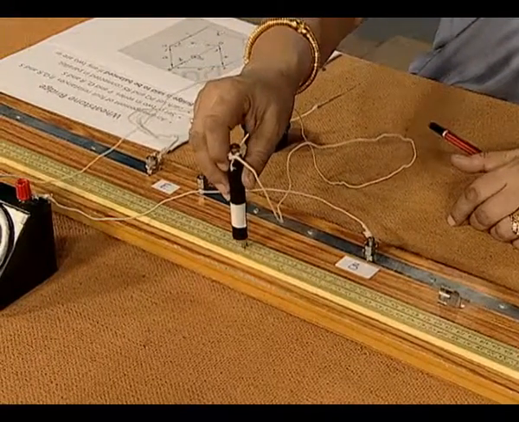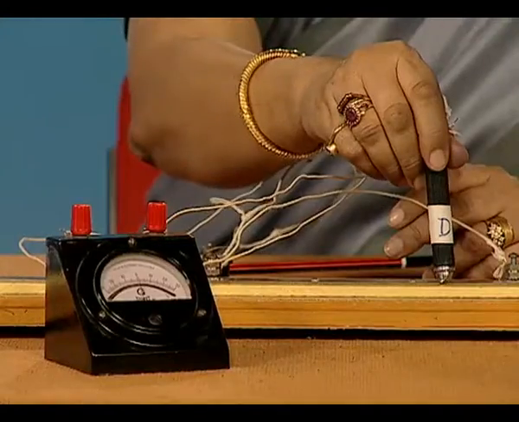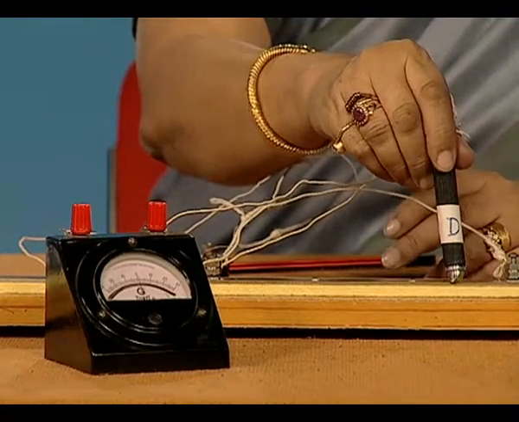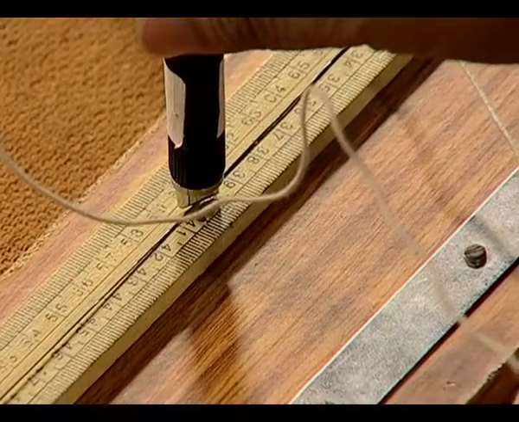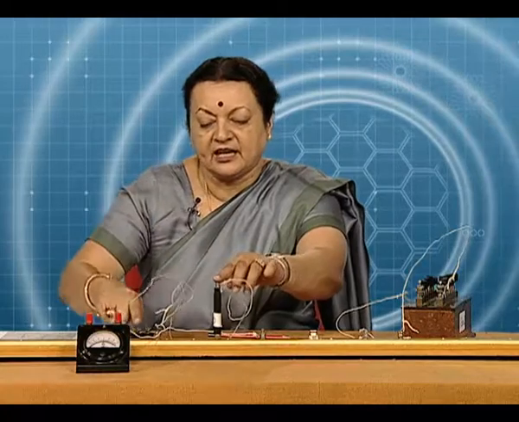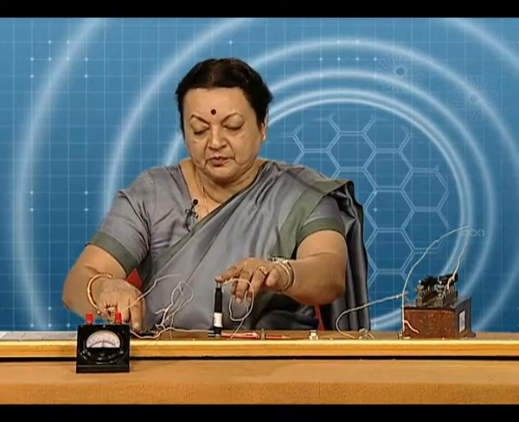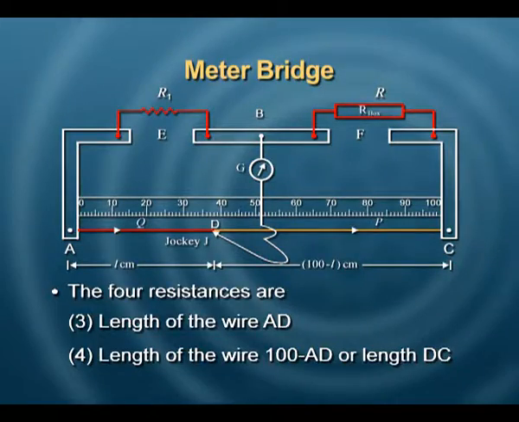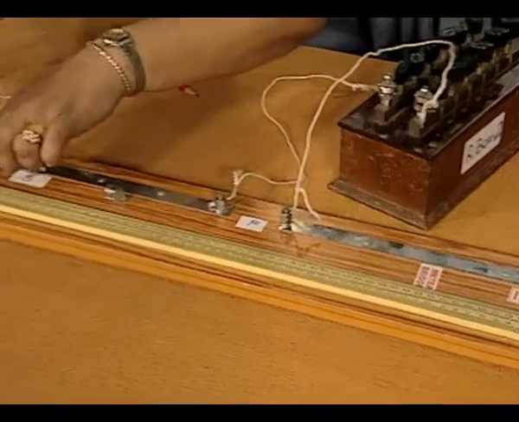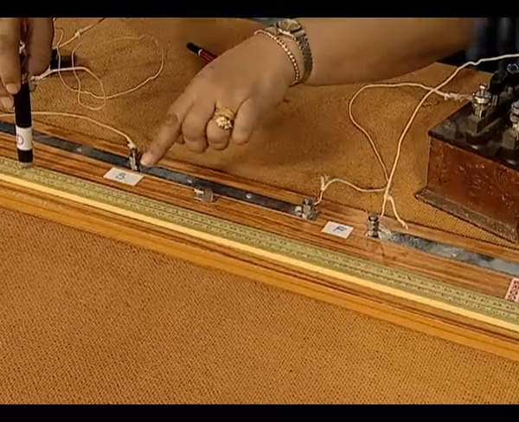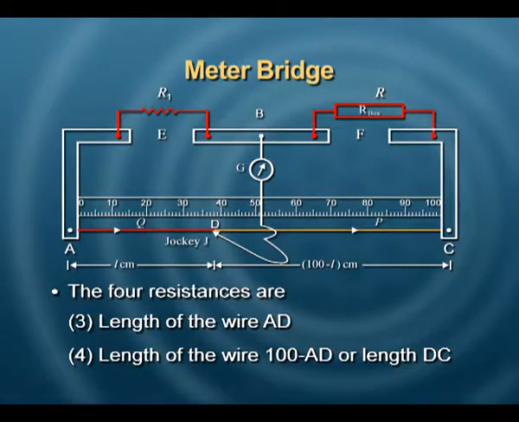Supposing this is the contact that we make and there is no deflection in the galvanometer, which means it is the condition for a balanced bridge. The ratio of the resistance in the arm E and the resistance offered by AD length of the wire is exactly equal to the ratio of the resistance F and this particular length of wire, whose resistance corresponds to 100 minus AD.